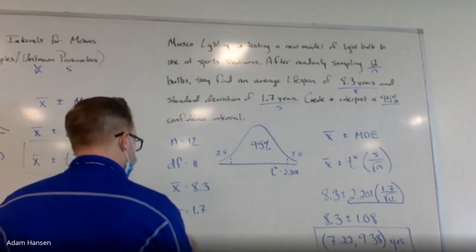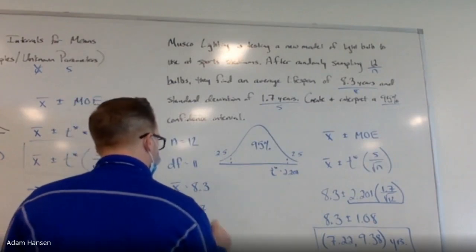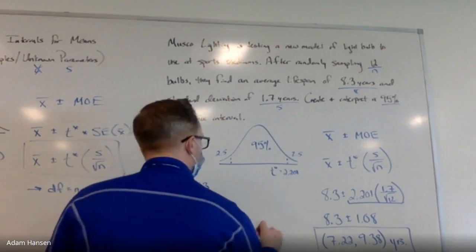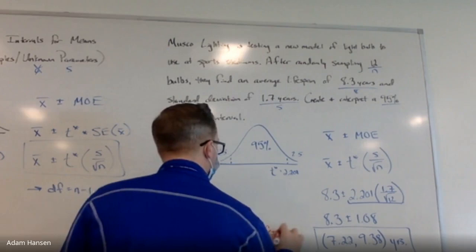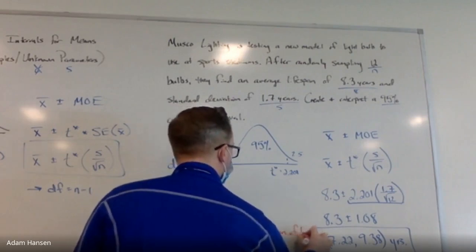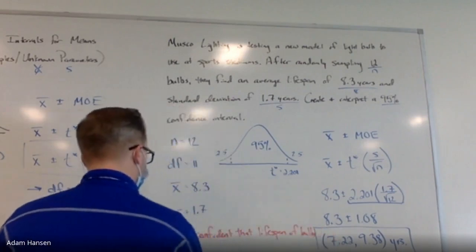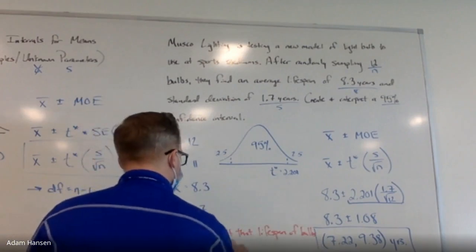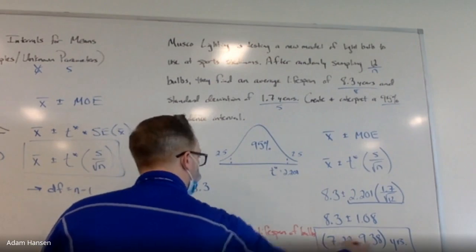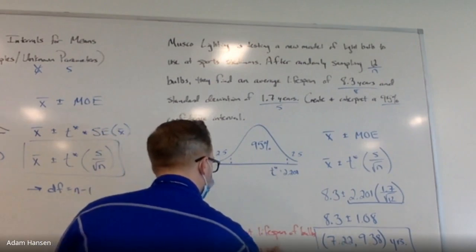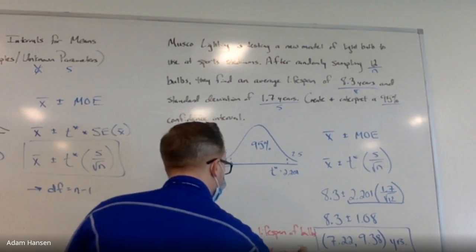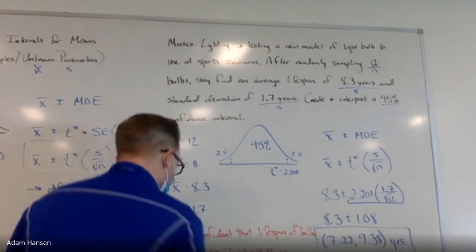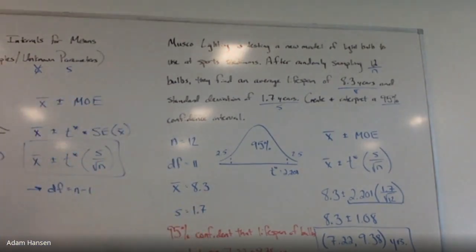I usually start with my confidence level. 95% confident that the lifespan of the bulbs is between 7.22 and 9.38 years on average. This is a confidence interval for the average lifespan.